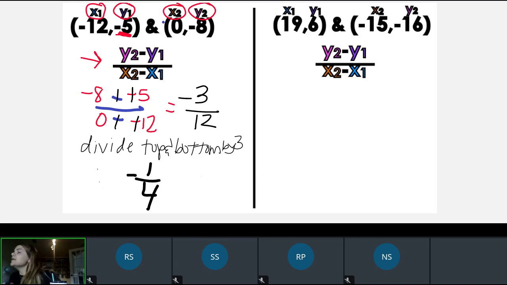Please, please, please keep this as a fraction. Do not change it to a decimal. The reason is when we go to graph and we use rise over run, if I said, okay, here's your rise over run, 0.25, that does not tell you how many to rise and how many to run. So please don't change it to a decimal. Just keep it as a fraction, okay?